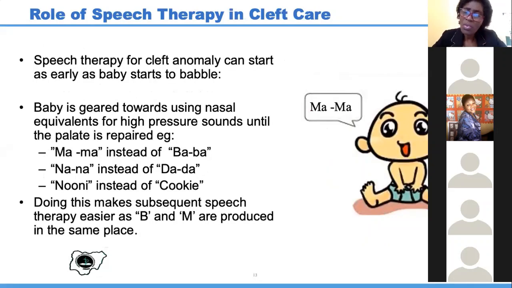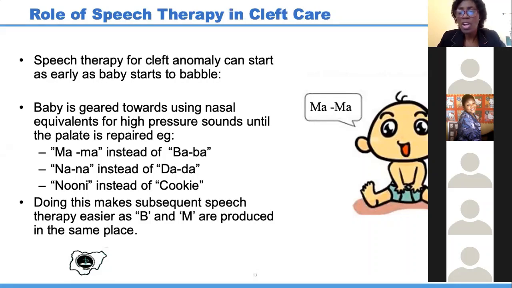But then we should also know that speech therapy can start as early as when a child is still an infant, as soon as baby starts to babble. Of course, it will be difficult to say, okay, tell a baby, put your lips together and do this. No. But when a baby starts to say ba, ba, ba, or da, da, da, a child that has a cleft palate will not be able to say that.